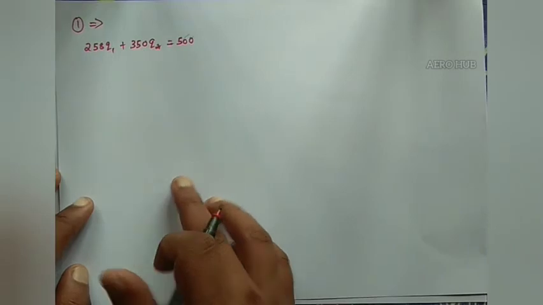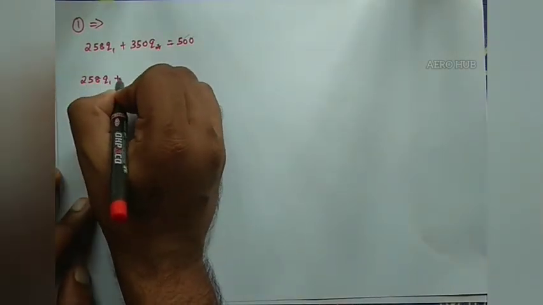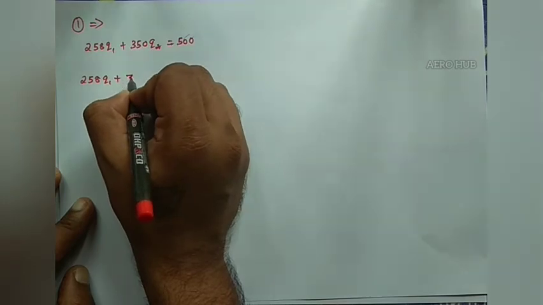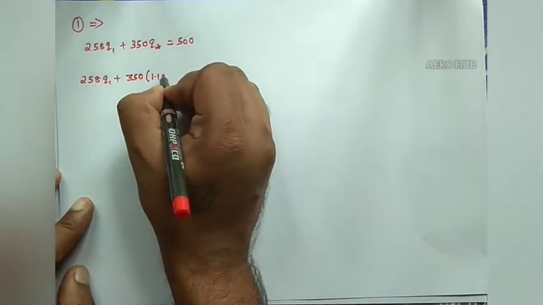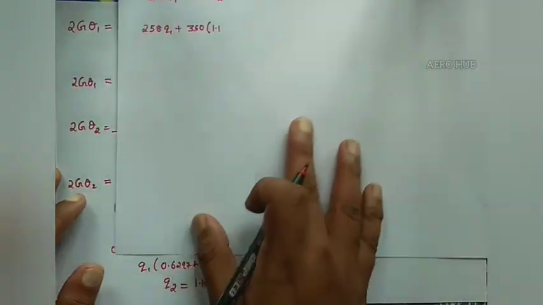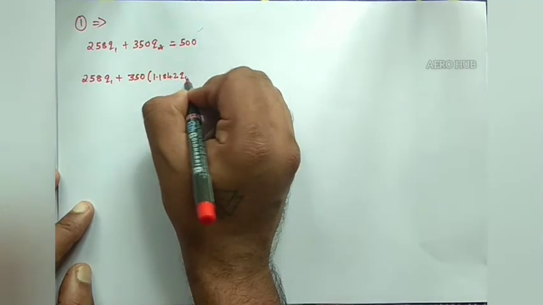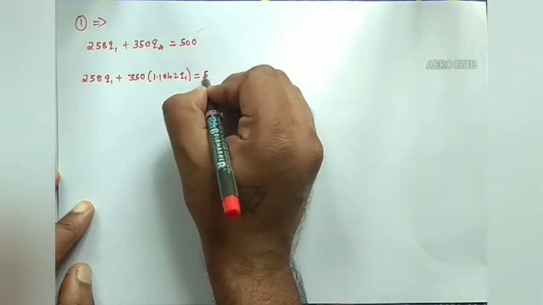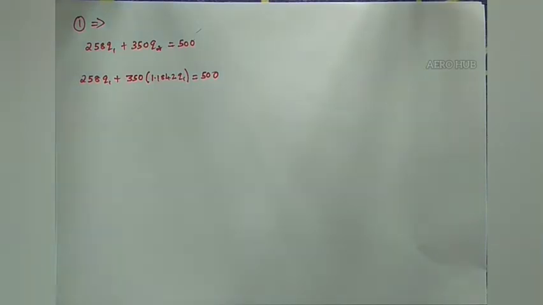So I can write 258 Q1 plus 350 into 1.1842 Q1 is equal to 500. Okay. Now I will be getting the answer for Q1.